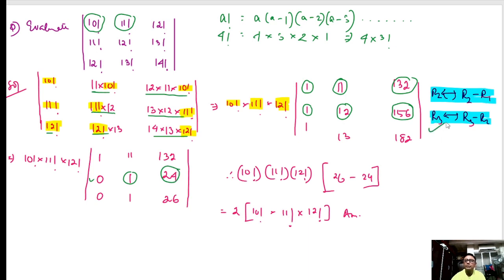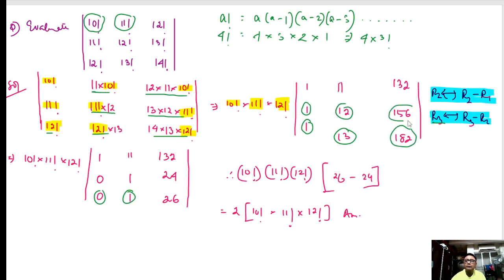Now in the second operation, R3 minus R2, and we will put it in R3, so which is 0. Similarly, 13 minus 12, which is 1. 182 minus 156, which is 26.